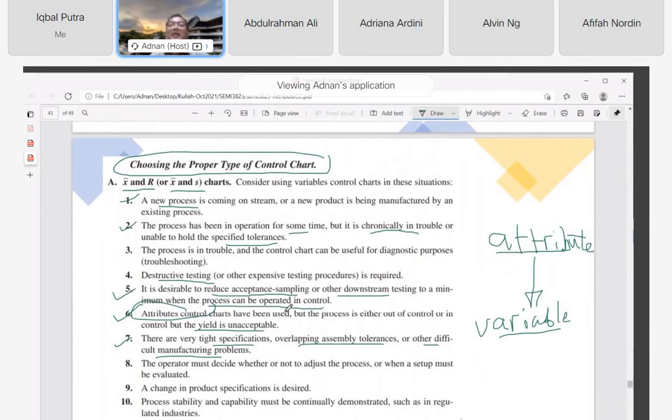Okay, I want to check your understanding. What is the difference between X bar R and X bar S? You can respond in the chat here. X bar R chart compared to X bar S, how is it different?